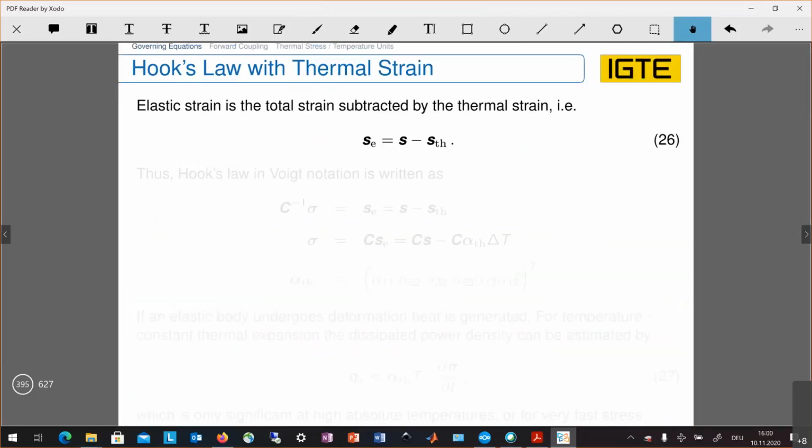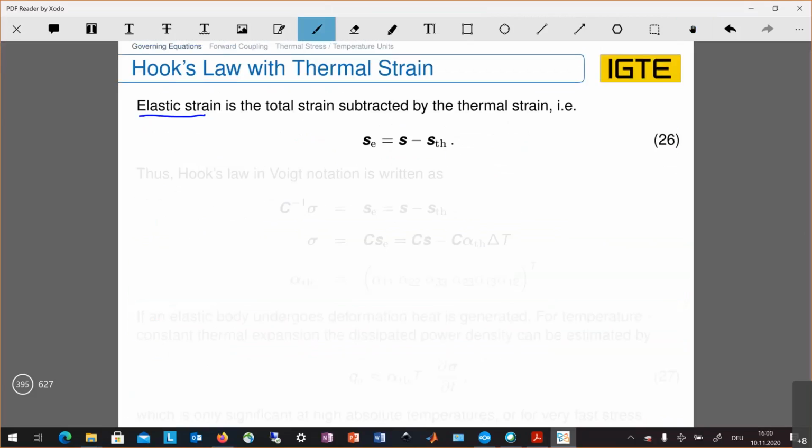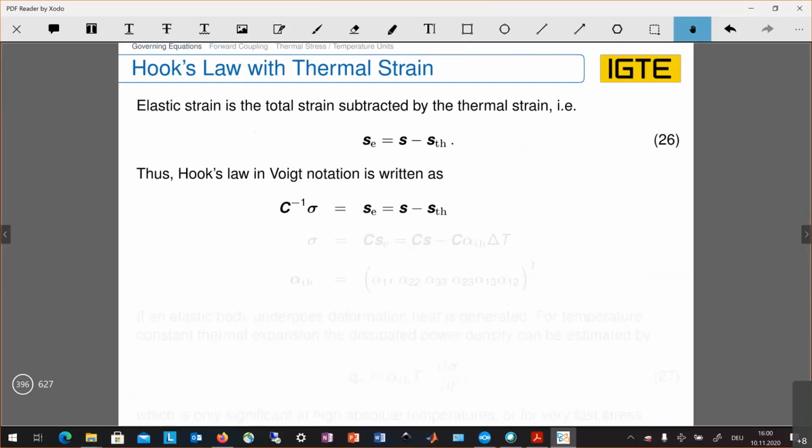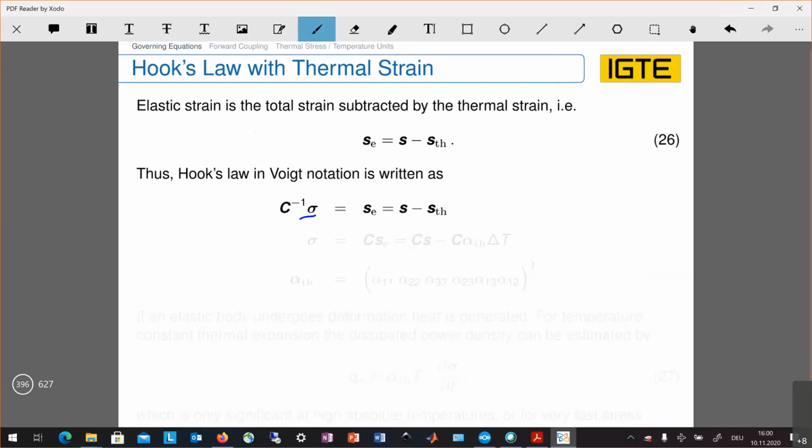Okay, the elastic strain is then, as written here, the total strain minus the thermal strain, and then we put this into our Hooke's law. So in the standard relation between the mechanical stress sigma and the mechanical strain S, the relation, as you see here, is on the elastic strains.